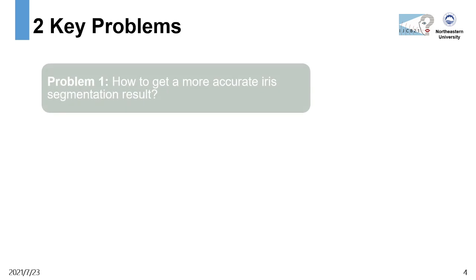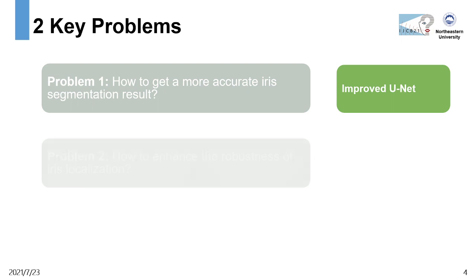The most accurate biometric method requires a high-resolution mask, so how to get a more accurate iris segmentation result? This problem is not only important to the competition, but also important to iris recognition. To solve the problem, we proposed an improved UNet.